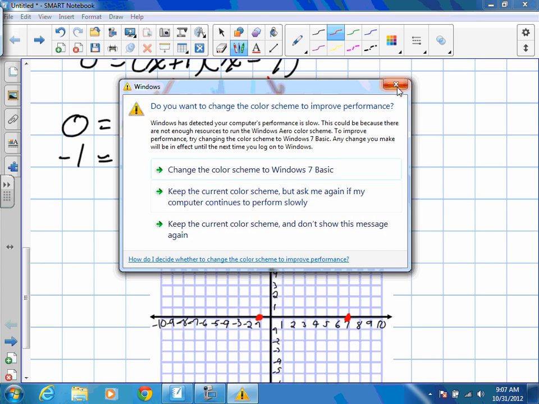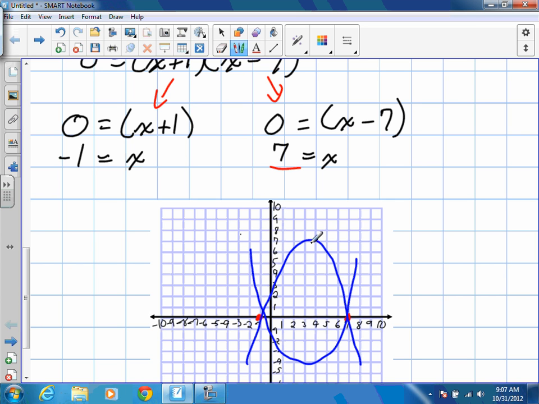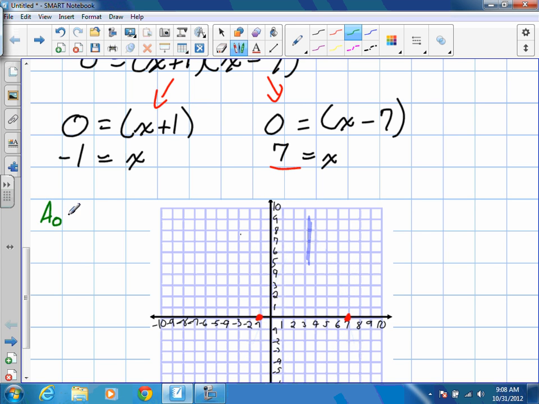Okay? Because our parabolas are always symmetrical, whether it's being drawn this way or this way, we know the x value of the vertex, or known as the axis of symmetry, will be right in between those two. Okay? So our AOS, or axis of symmetry, is equal to r plus s divided by 2.